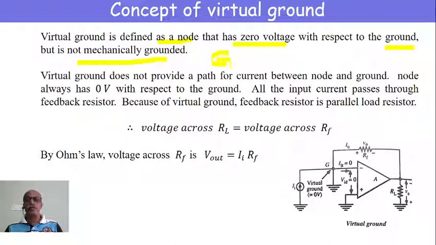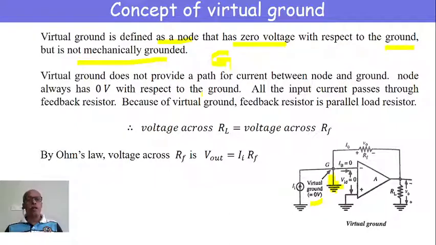G is a node where the voltage is zero, but it is not externally grounded. But with reference to the ground point, if we measure the voltage at point G, it will be zero. Therefore, such a node is called virtual ground.